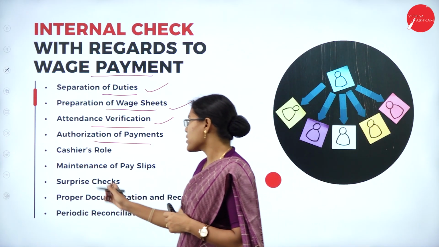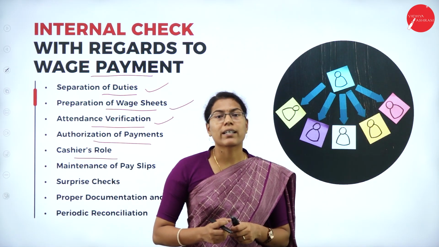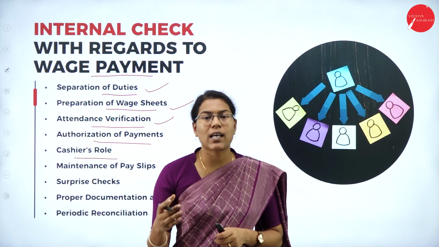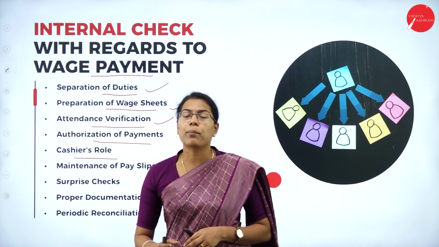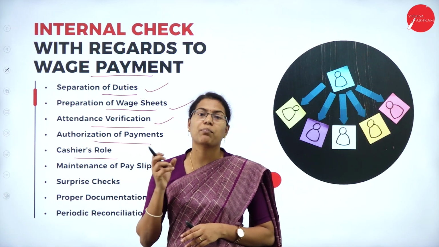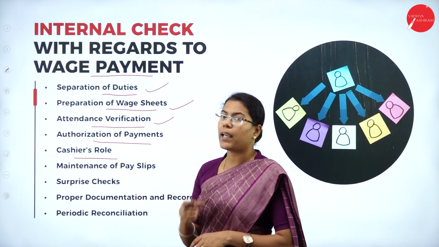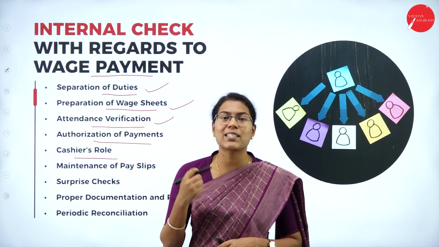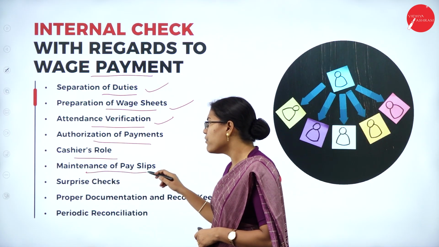Then the cashier's role. Here the cashier is the person who gives the cash, or the salary, to the employees. His role is to properly provide the amount which is mentioned in the wage sheet. He should not manipulate or make any changes in the wage sheet. Then we have maintenance of pay slips.